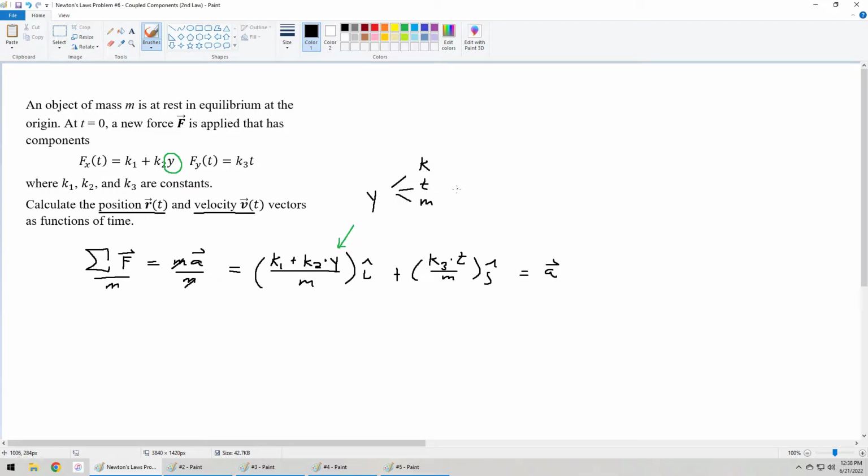We want that in terms of some type of combination of those variables. And in order to do that, we'll have to start with this component of the acceleration and integrate forward. And I'll show you what I mean on a fresh page, because we're going to run out of room here pretty quickly.